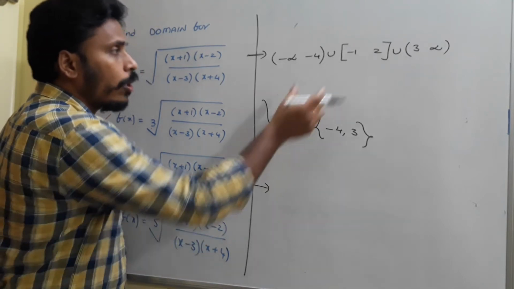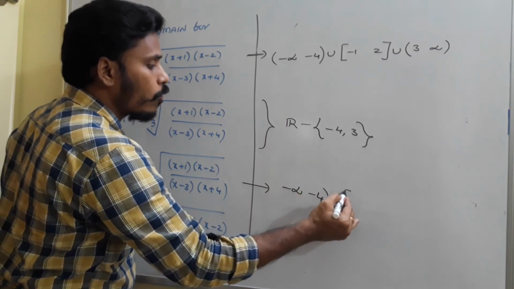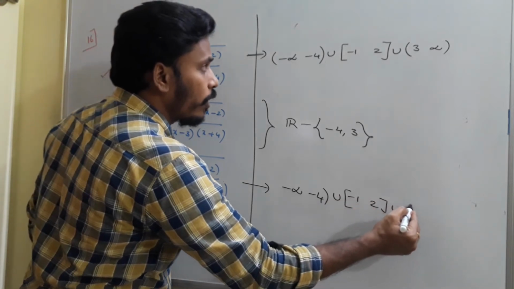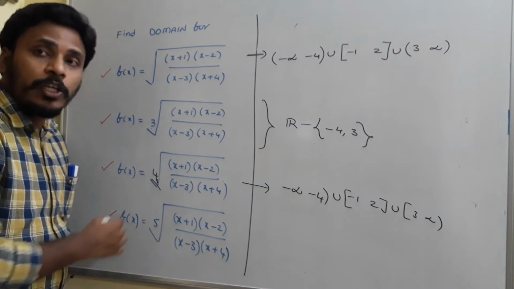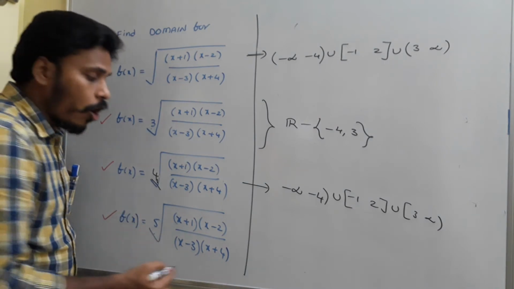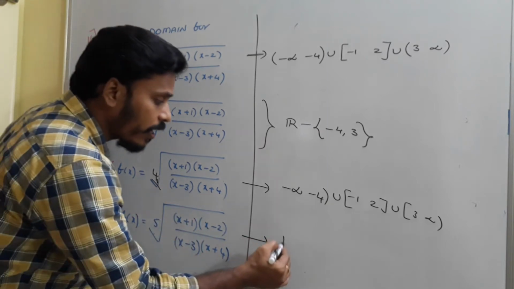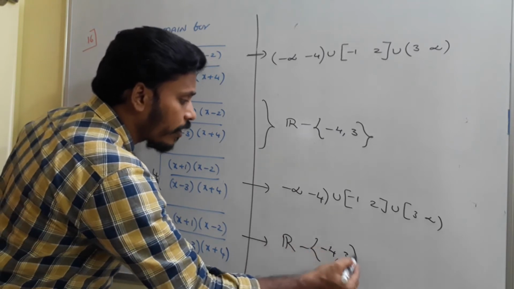If you solve, the same domain holds for this problem also: minus infinity to minus 4, union minus 1 to 2, union 3 to infinity. In the same way, for the next one, it is a fifth root, an odd number. For an odd root, the domain is all the real numbers. We just need to remove those values at which the denominator is 0.